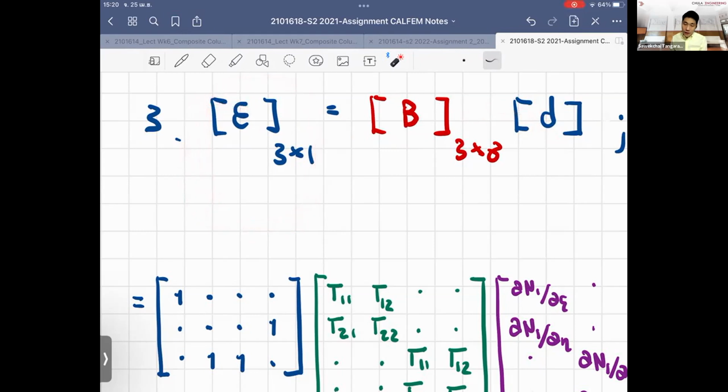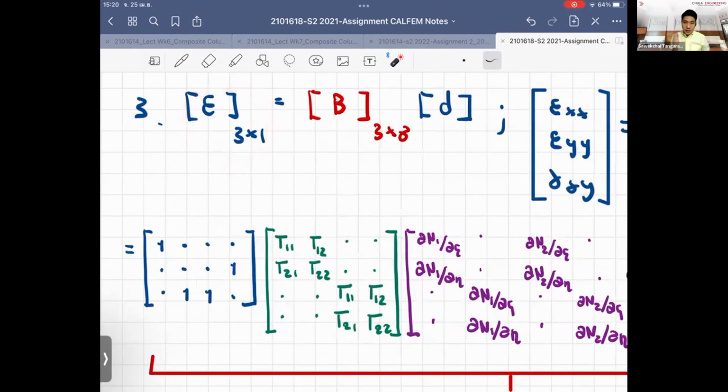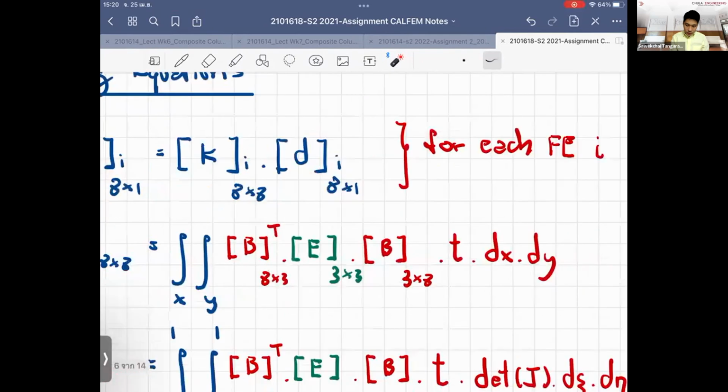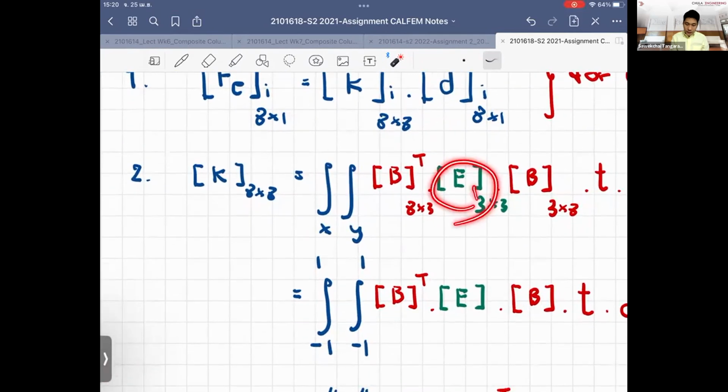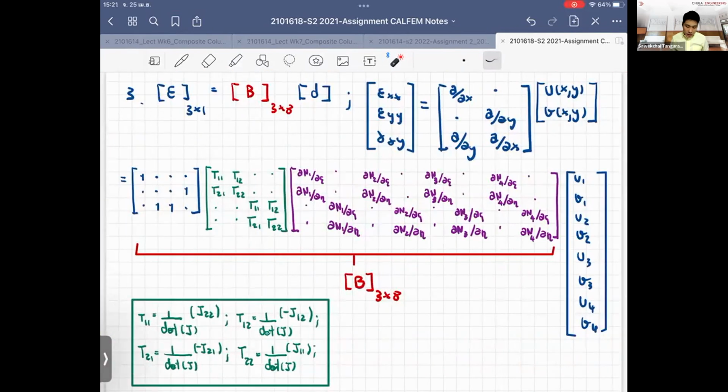If you want to obtain the value of the stress per element, you just take the strain times the stiffness to get the stress values, right? And this is the way it works. Okay.